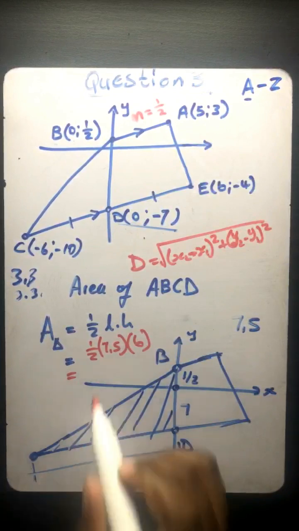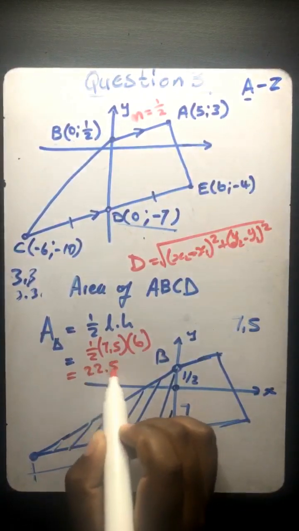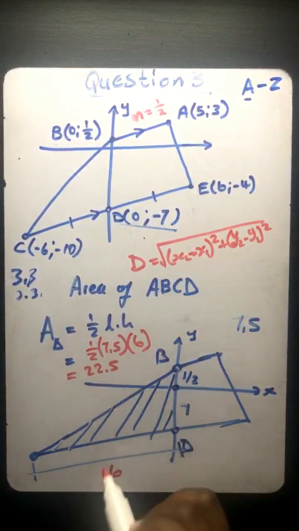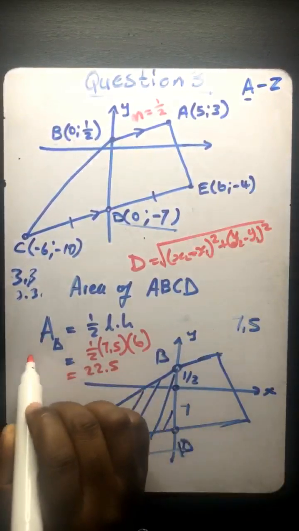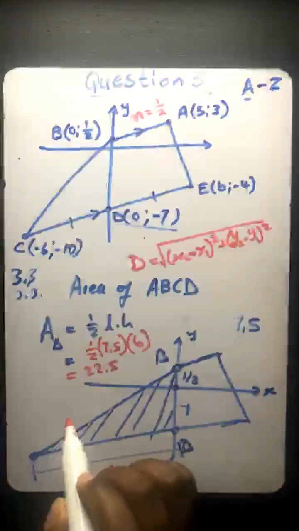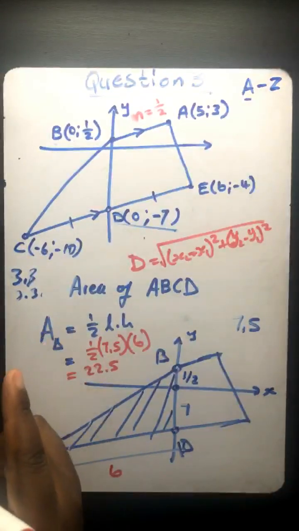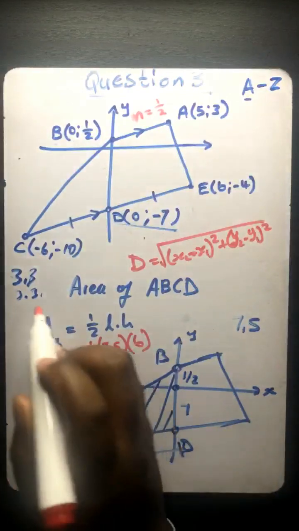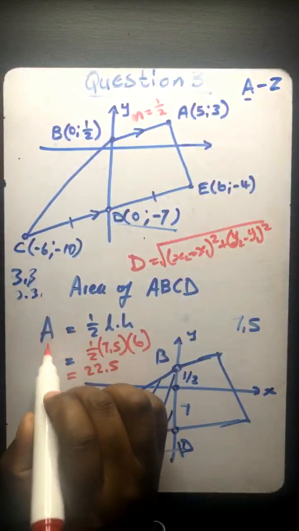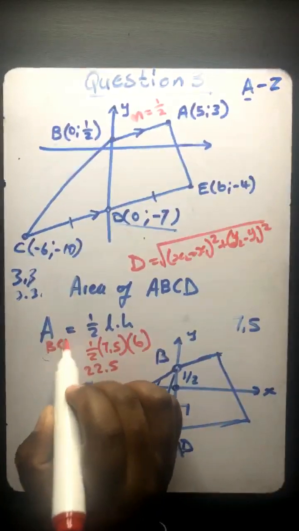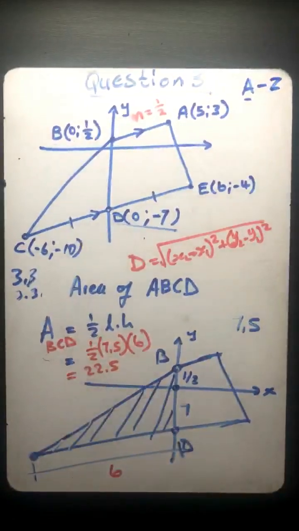Someone is saying 22.5. So that means this is the area of which triangle? Yes, it is actually the area of triangle B, C, and D. I'm pretty much sure that it made sense to everyone.